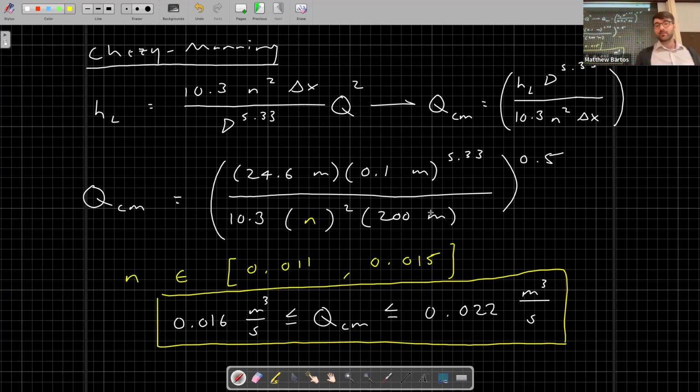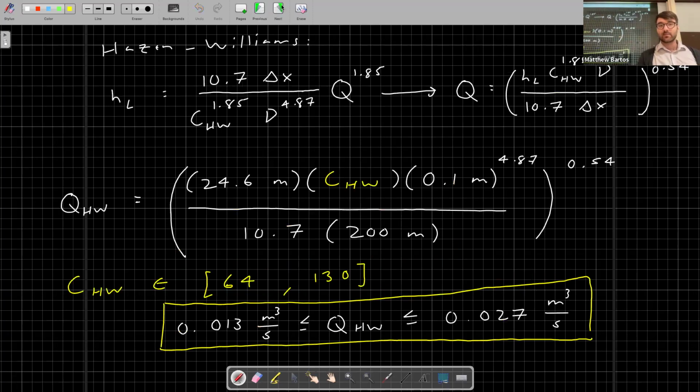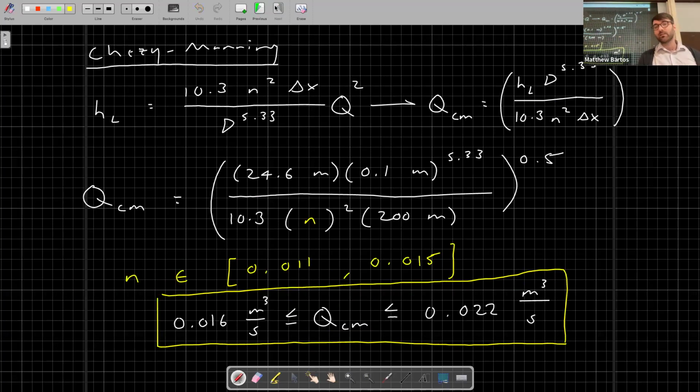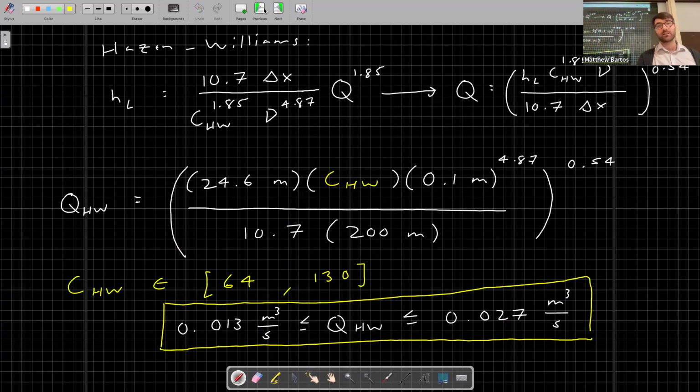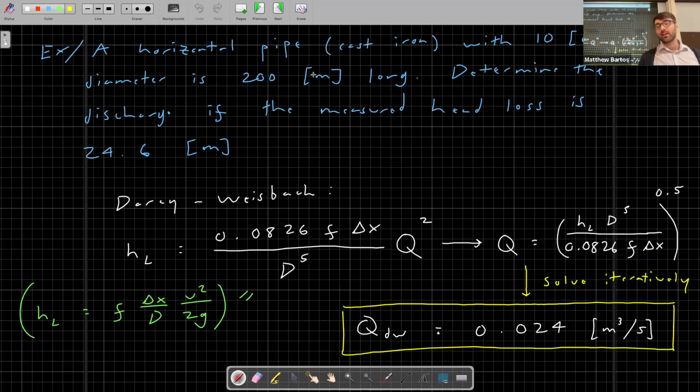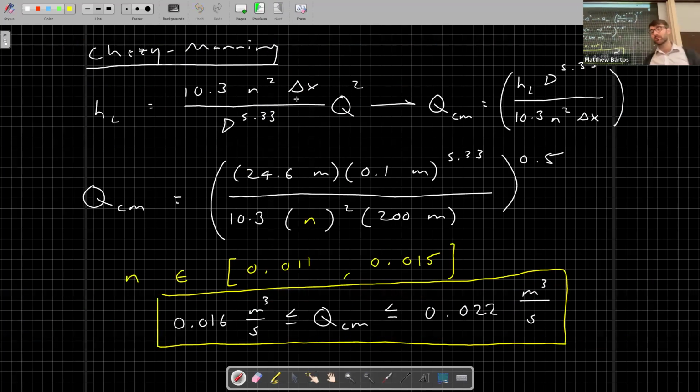And if we compare with our answers from before, you'll see that we get values that are a little bit lower than those under the Hazen-Williams coefficient. At the upper range, we're close to our answer computed under the Darcy-Weisbach equation. But again, our results are really sensitive to the selection of those roughness parameters.